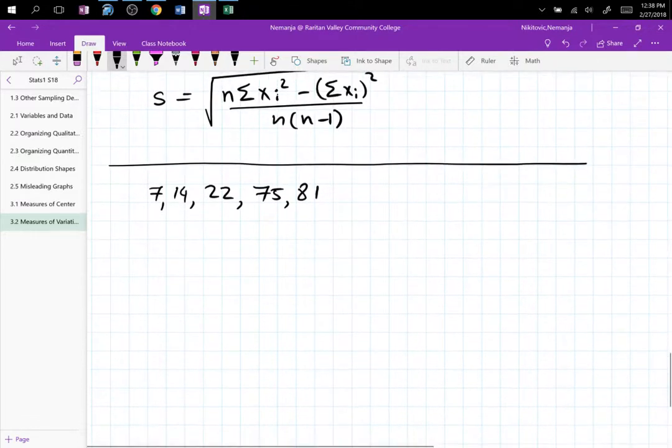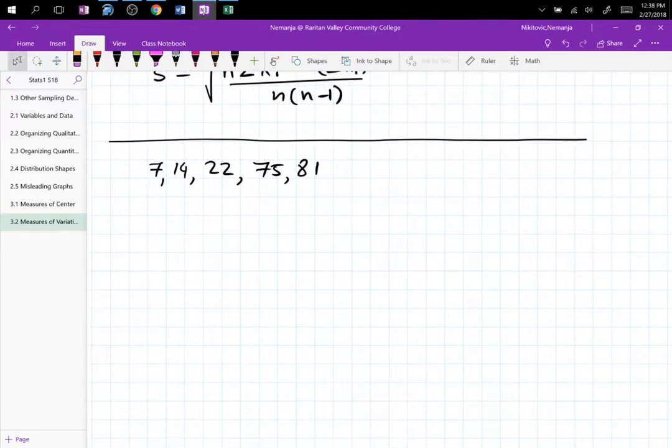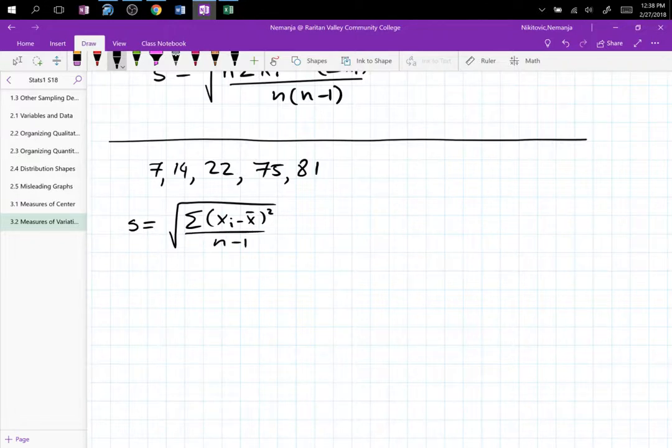And I'm going to do both formulas. So first the old formula. S equals the square root of the summation of xi minus x mean, squared, divided by n minus 1. Well, I need x bar for this one.